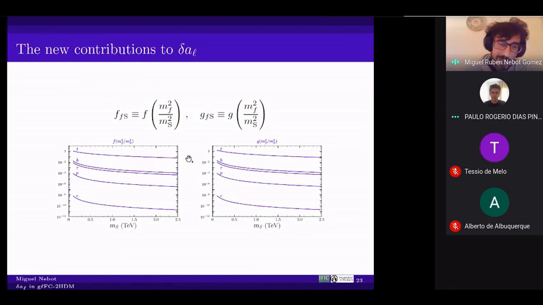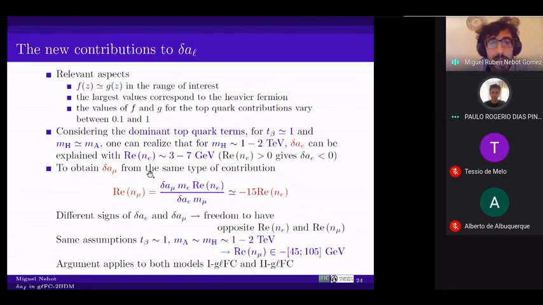So this means that for a very simplified understanding of what is going on, just keep the top terms and see what happens.